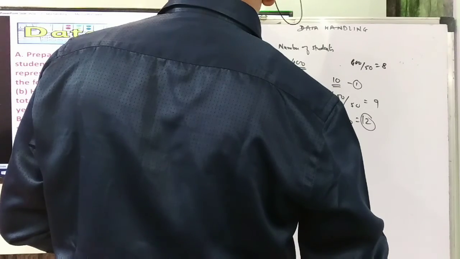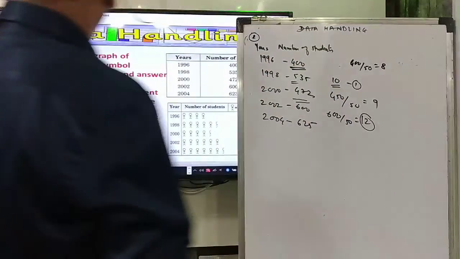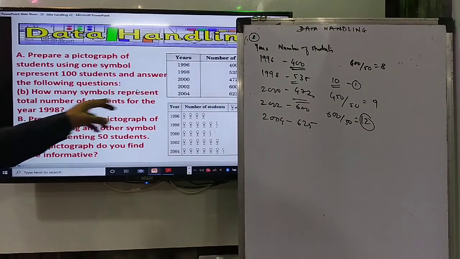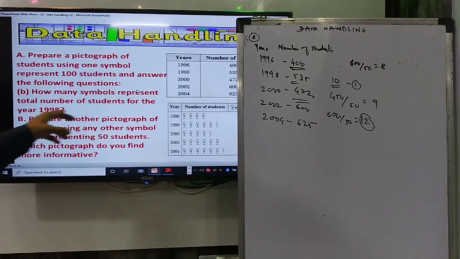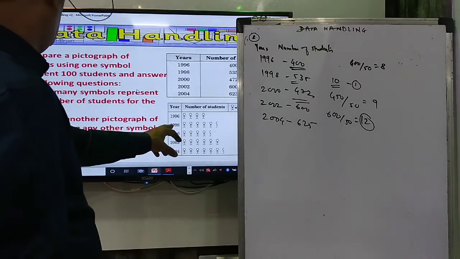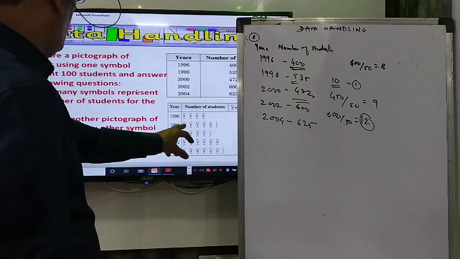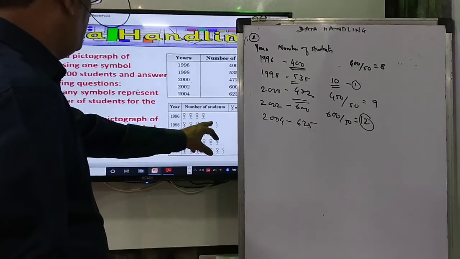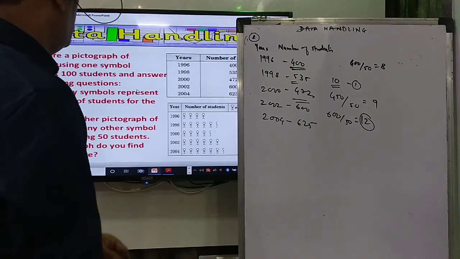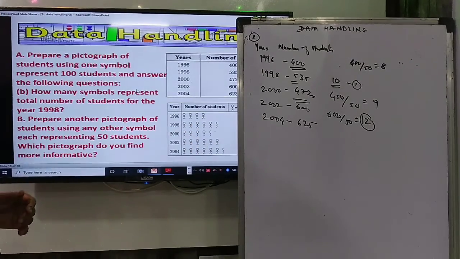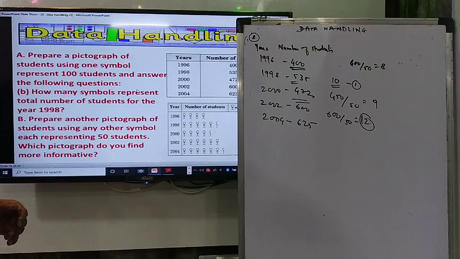Now there is the second part of this question. How many symbols represent the total number of students for the year 1998? In 1998, what happened? In 1998, 1, 2, 3, 4 and 5, and the fifth symbol is half.